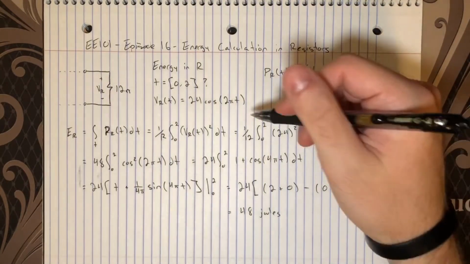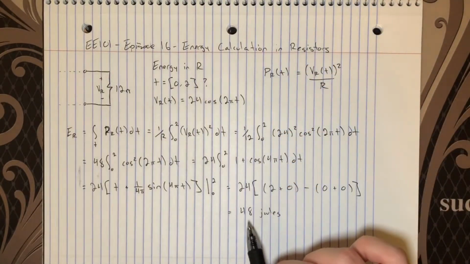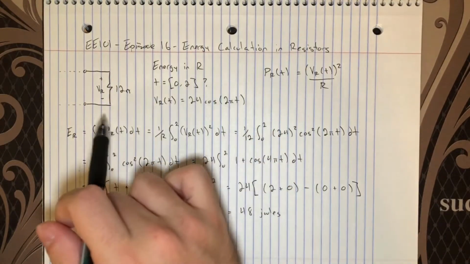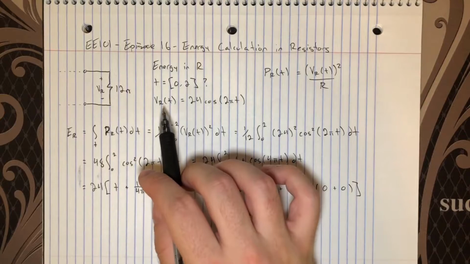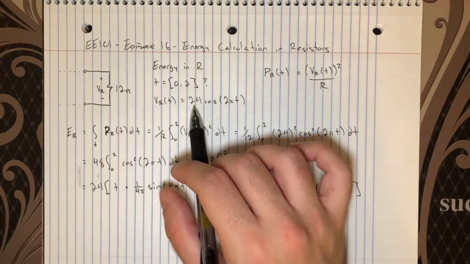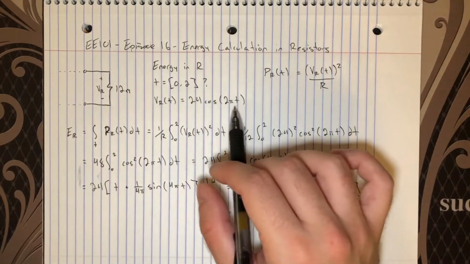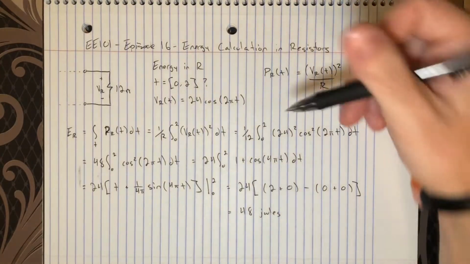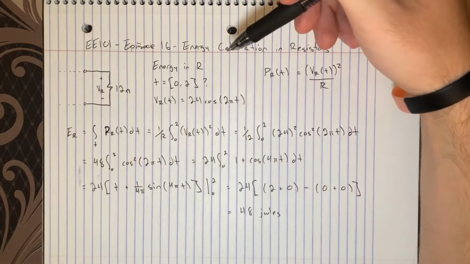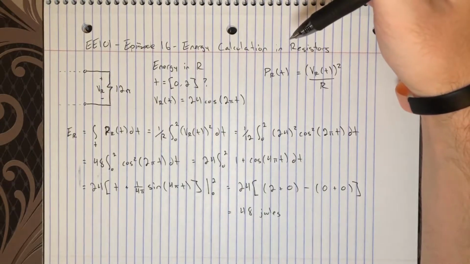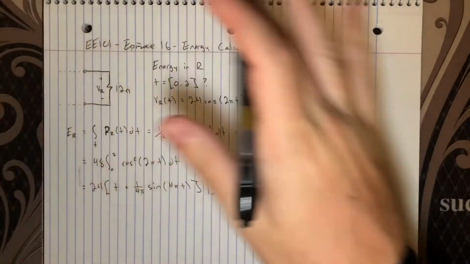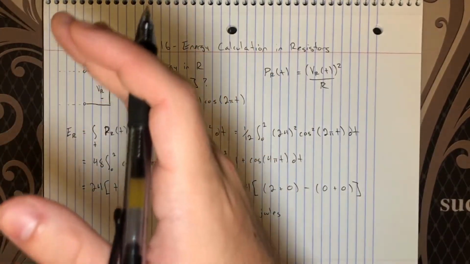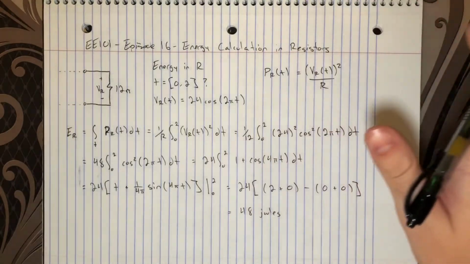So that is the energy delivered to this resistor over a 2-second interval, given this voltage function of time. This is a sinusoid with some frequency and amplitude. Like I described with the current in the last example, where the current was a decaying exponential, you can see how that energy adds up over time and is bounded.